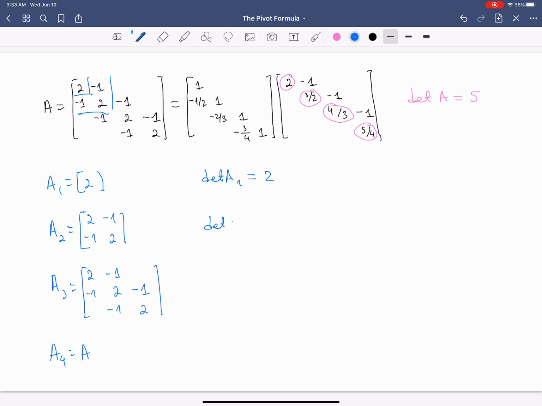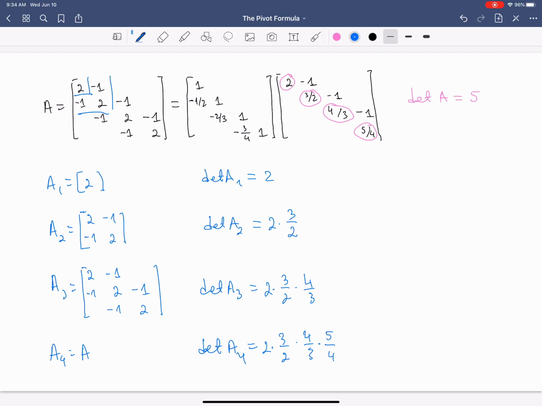The determinant of A2 is the product of the first two pivots, that's 2 times 3/2. The determinant of A3 is the product of the first three pivots, which is 2 times 3/2 times 4/3. And then the determinant of A4 is the product of all the pivots, 2 times 3/2 times 4/3 times 5/4.